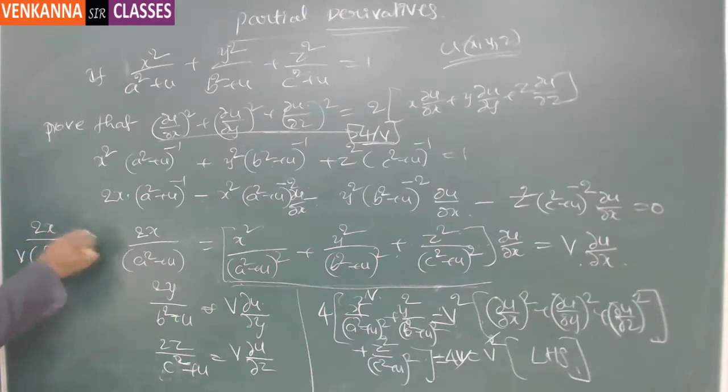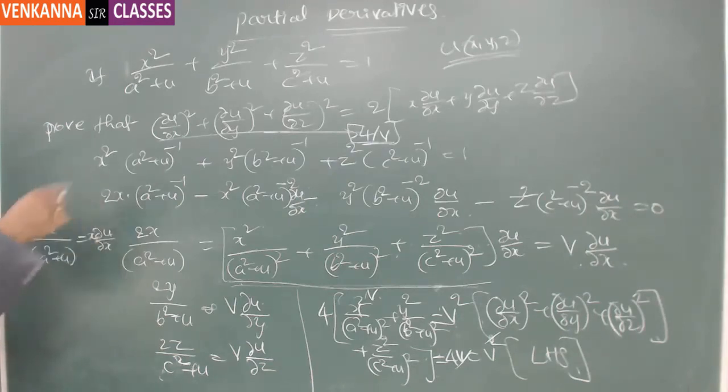So this is nothing but ∂u/∂x. Now if I multiply on either sides with x, then this will be x². Got it? Now exactly in the similar manner, you multiply again with 2, then this will become 4. So 4x² divided by (a² + u) into v.